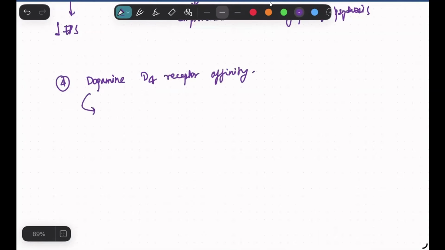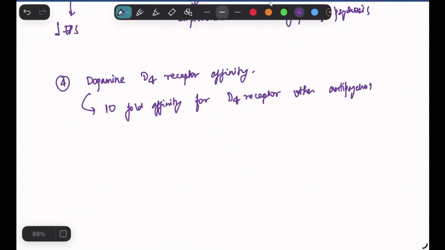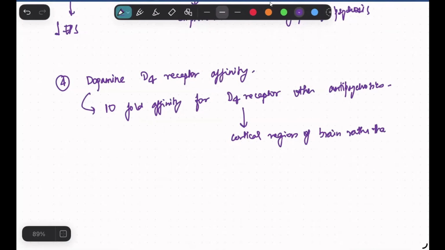It is seen that clozapine shows tenfold affinity for D4 receptor compared to other antipsychotics. And we see that dopamine D4 receptors are prominent in the cortical regions of the brain rather than in striatum.